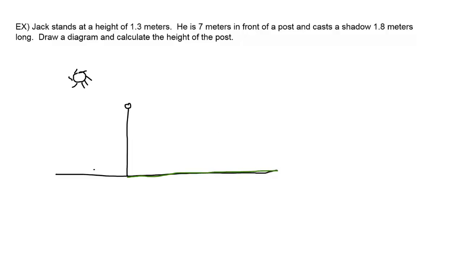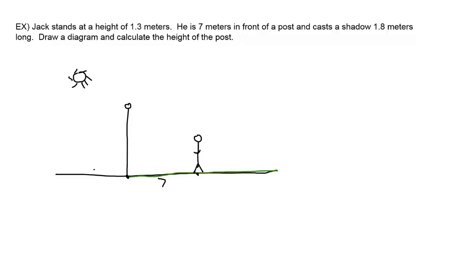And we also have someone named Jack. He's going to be standing 7 meters in front of the post. So let's put him at, I don't know, right about here. Okay, there's Jack. And what we said, 7 meters in front of the post. So from this point to his feet right here, that's going to be 7 meters.